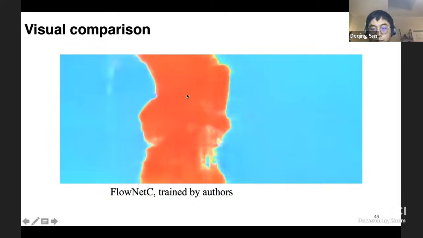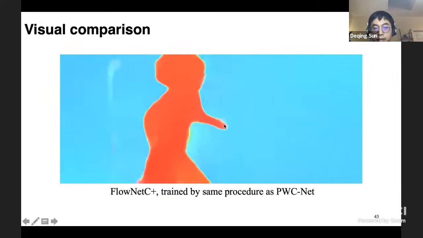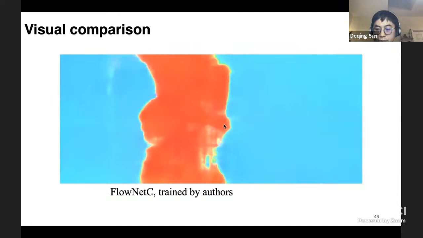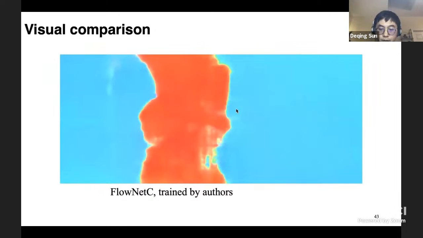We can see the motion boundary is totally blown up. We cannot estimate the motion, say, for the arm very well. But if we train the network using our procedure, we can obtain much better performance. So this shows the effect of the better training procedure.